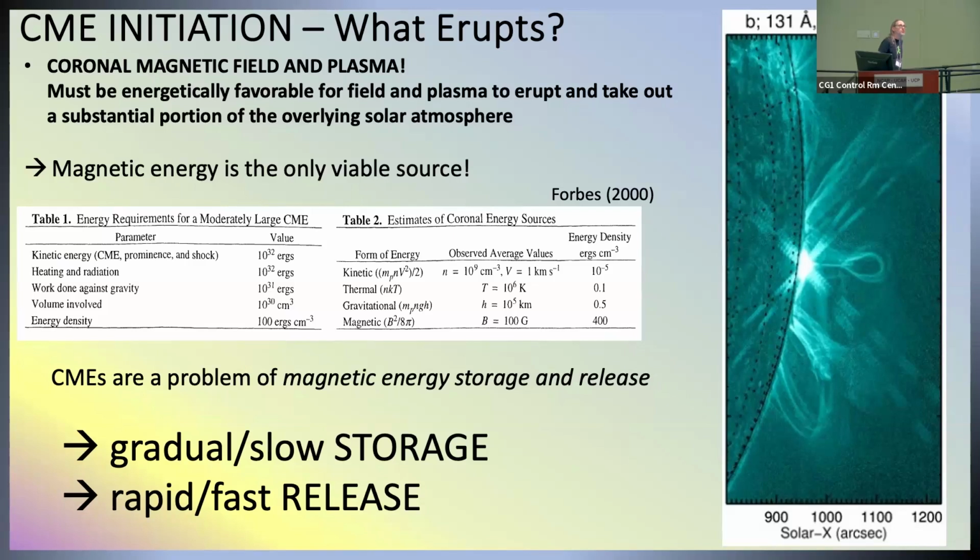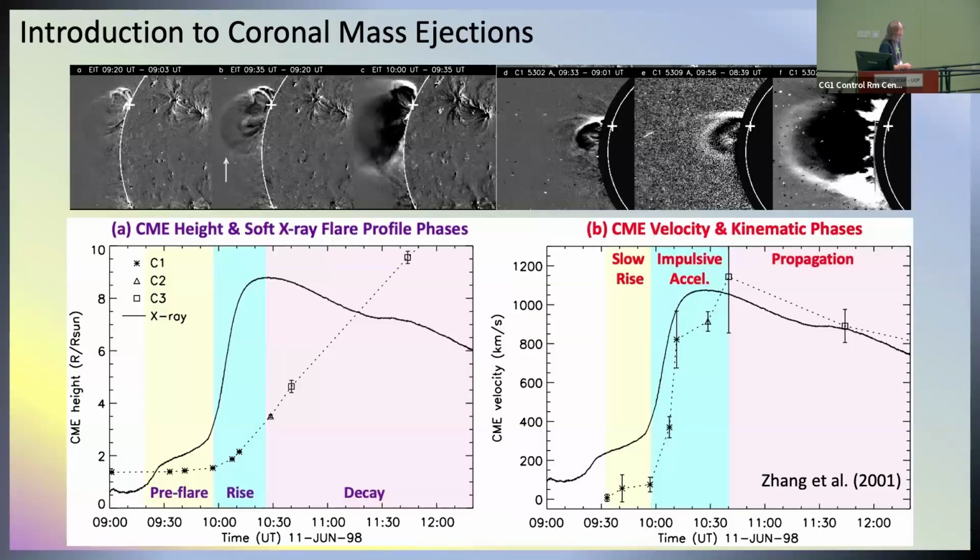So the distribution of CME energies is pretty similar to the distribution of flare energies. Flare energies are typically determined by looking at the emission of X-rays, and you'll assign a numerical value like watts per square centimeter or whatever.